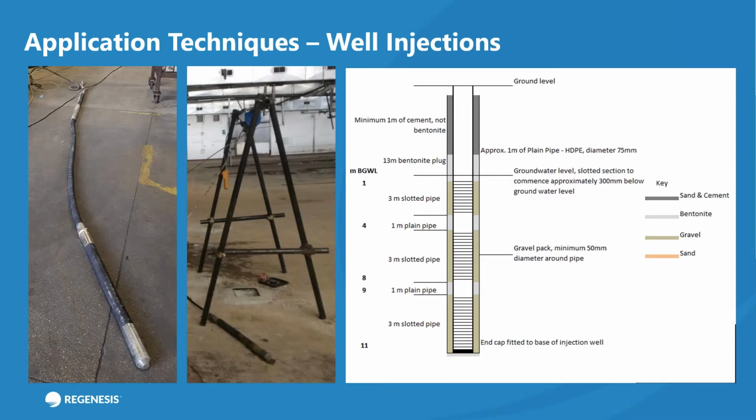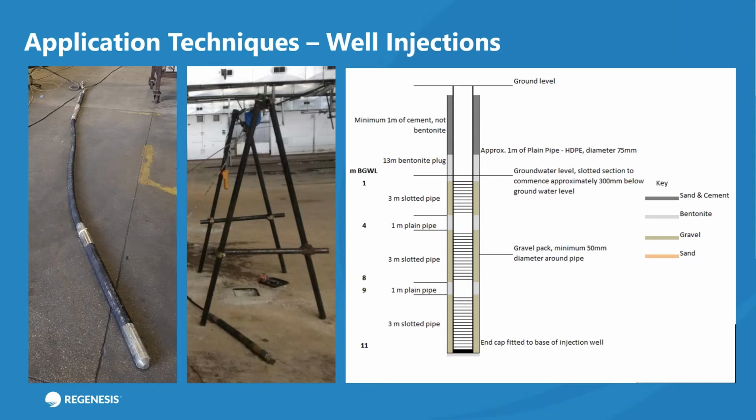In terms of application technique, something I'm often asked is, okay, how do you stop all of your reagents just disappearing down one large fracture, and ensure that you get an even distribution of that reagent within your treatment zone?